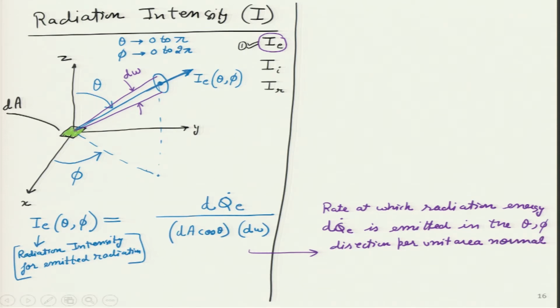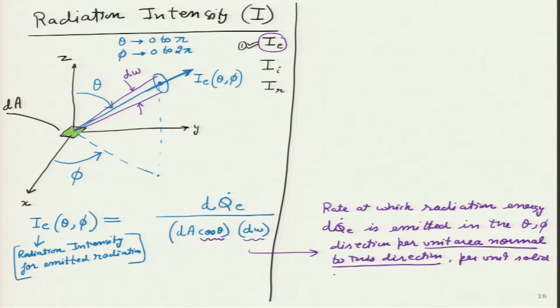But it is not area, it is the area normal to this direction. So, it is per unit area normal to this direction, which is why we have this cos theta component over here, and we have another per unit solid angle. I will write it over here, per unit solid angle, in that direction.